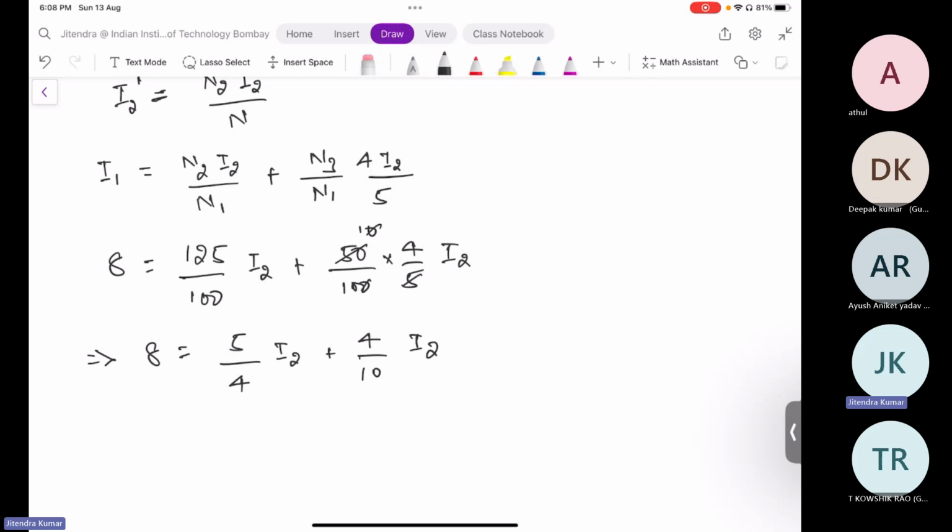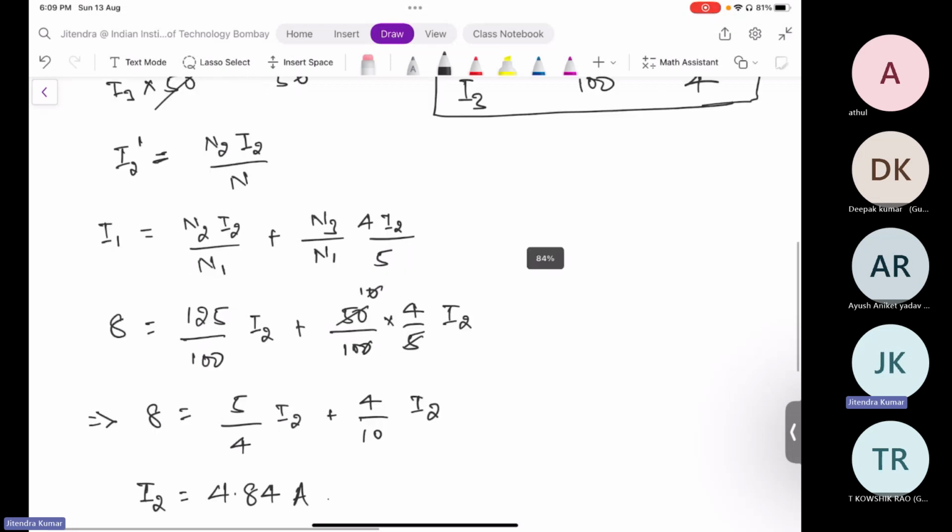If you solve it, you will get I2 as 4.84 amps. I hope it is fine till now.